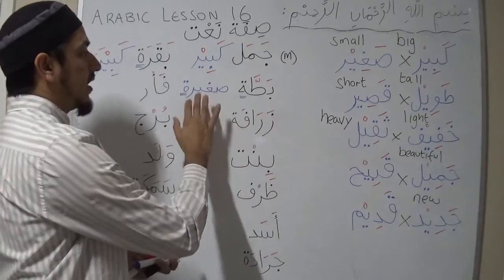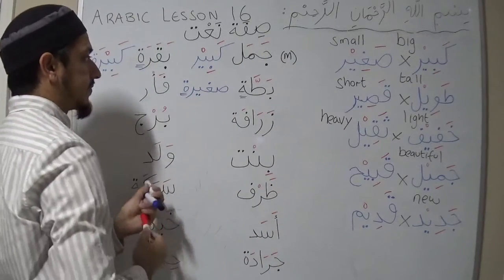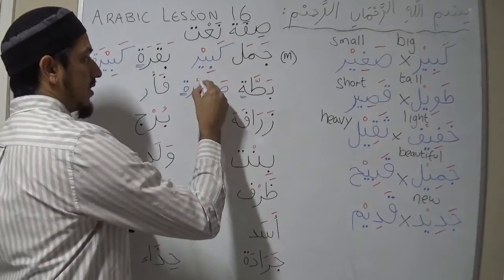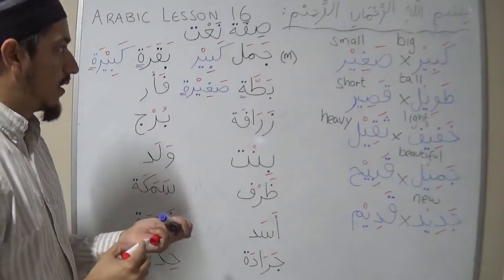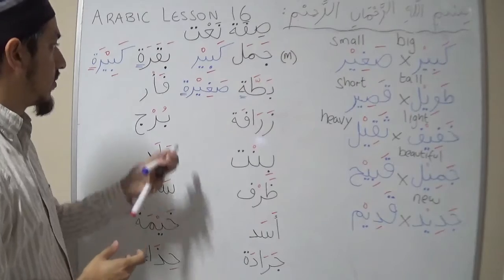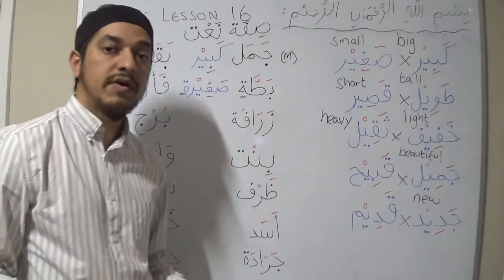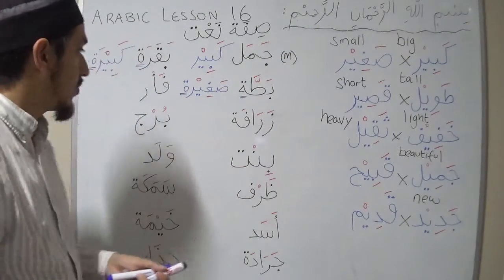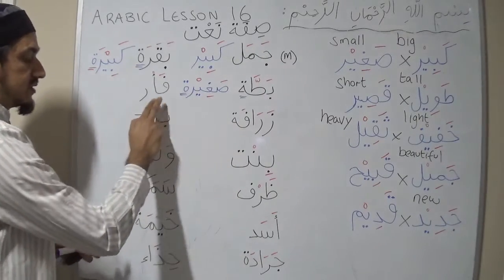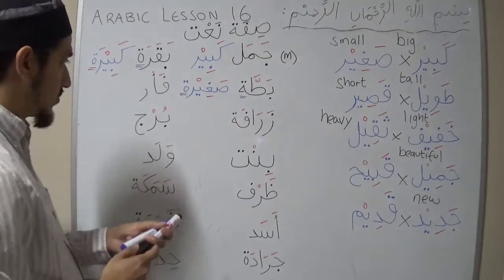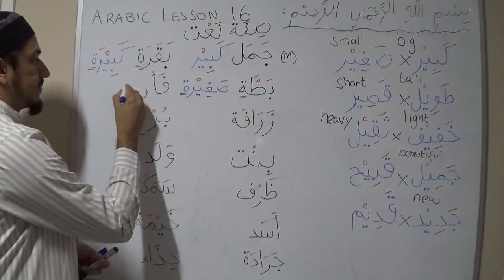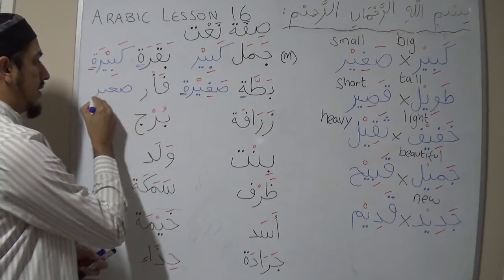So we're saying a small duck. And we have similarly fa'r. Fa'r was a mouse. Again, it's going to be something small. That's the feminine version. This is the masculine version. So we have saghir without the ta marbuta.